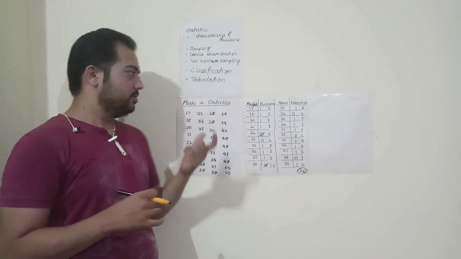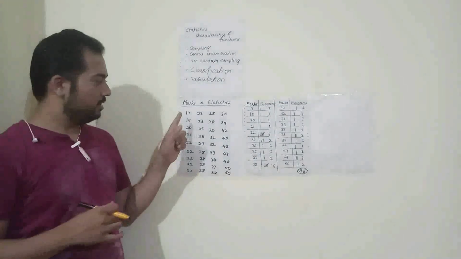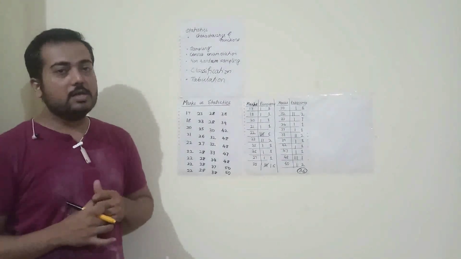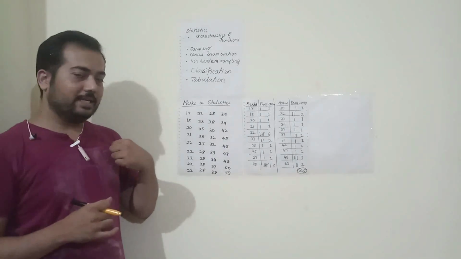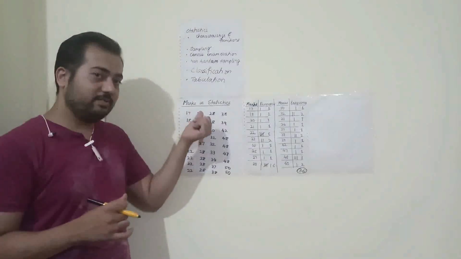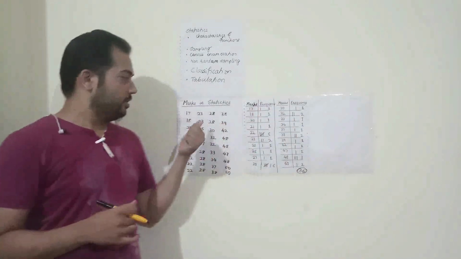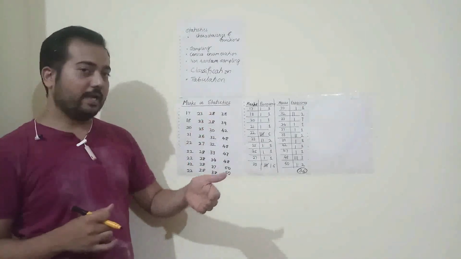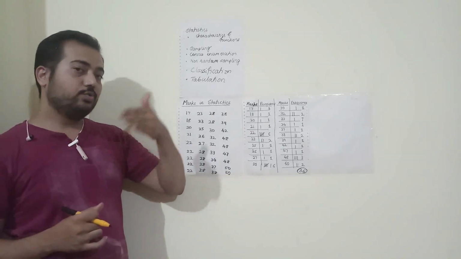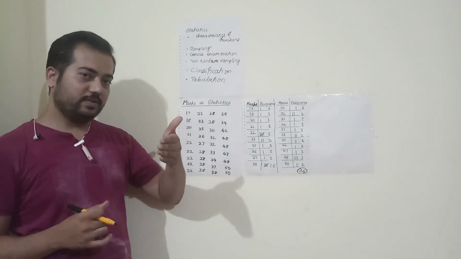Looking at this, we have 17 as the minimum number. If you start with 17, then plus 5, the next limit is 22. Instead of doing it this way, I can have from 15 to 20, then 20 to 25, 25 to 30, 30 to 35.